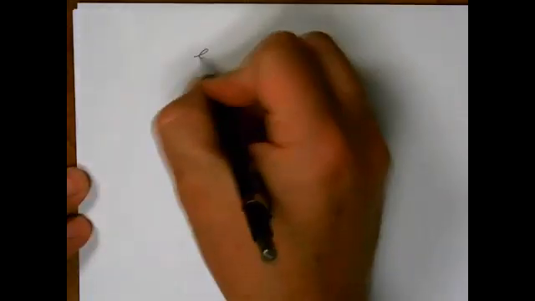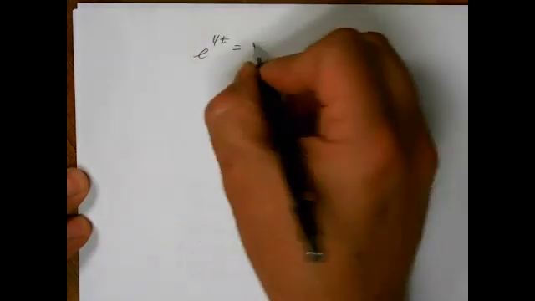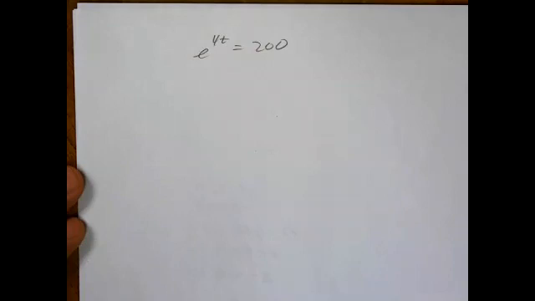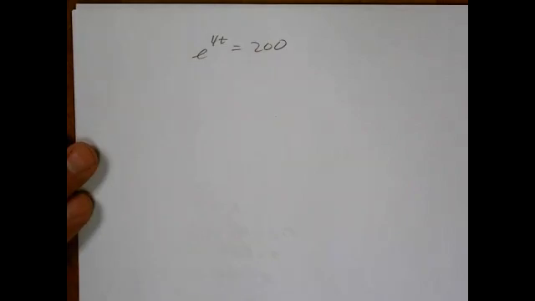So if I had e to the 4t equaling 200, you're never going to take 200 and write it as a power of e. So with this one, what I'm going to do is take the log of both sides. And since exponentials and logs are both one-to-one, that's why I'm able to do it this way.